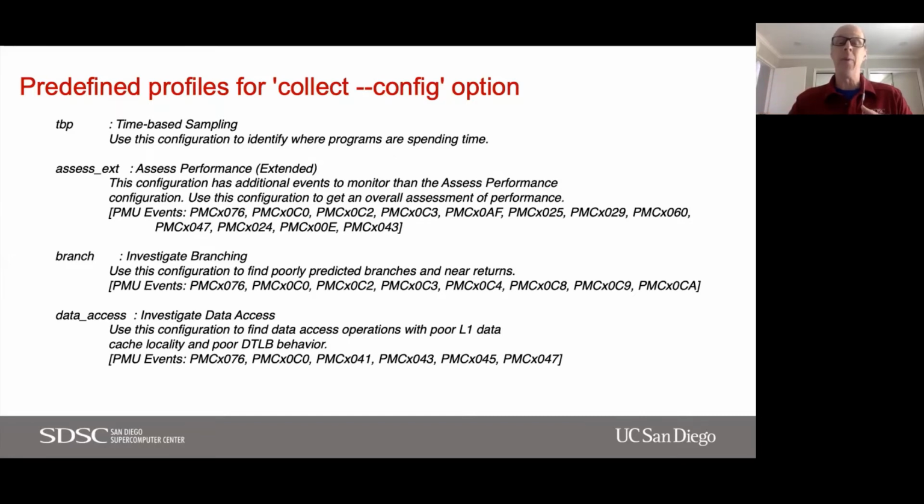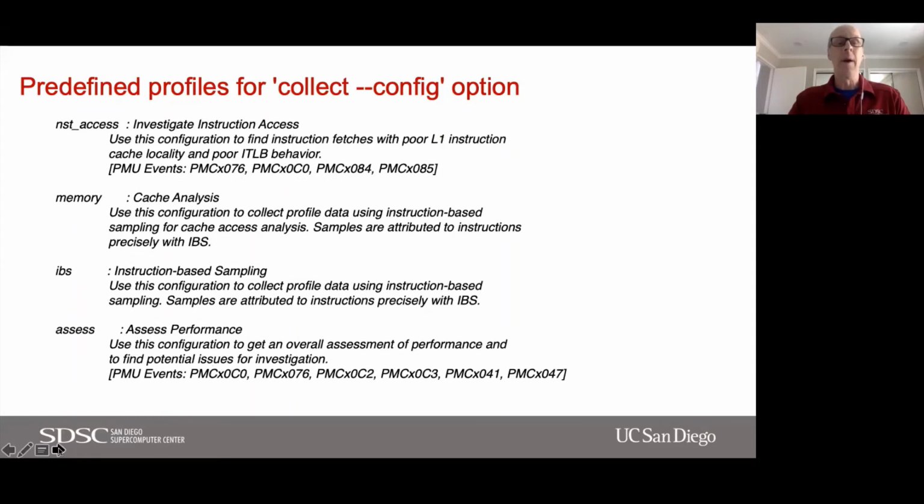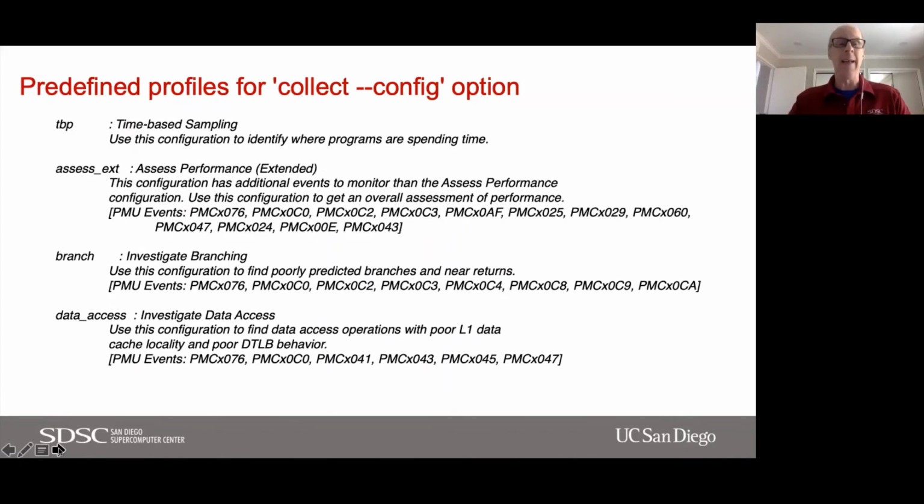And they're going to correspond to things like L1 cache misses, L2 cache misses, L3 cache misses, missed branch predictions, and other low-level information. We can also do instruction-based sampling. We can do an analysis of the cache. I find that these aren't nearly as useful, though, for most applications as simply the TBP and the data access.